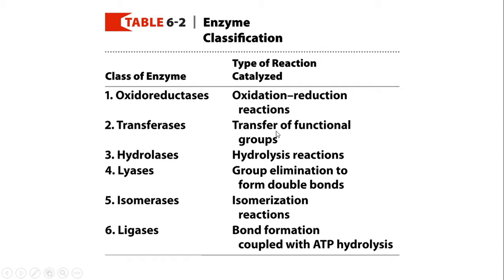Transferases transfer functional groups. We'll see this in a couple of our metabolic pathways. Hydrolases, hydrolysis reactions. Lyases, group elimination to form double bonds. Isomerases, basically the rearrangement of atoms within a molecule. And ligases, bond formation coupled with ATP hydrolysis.